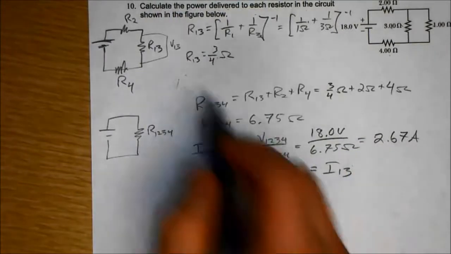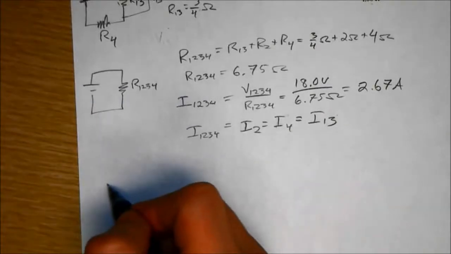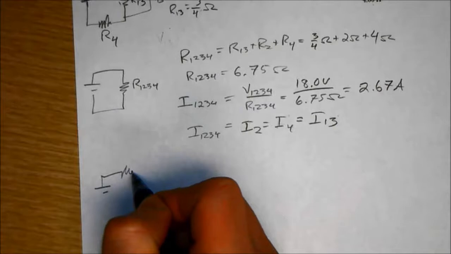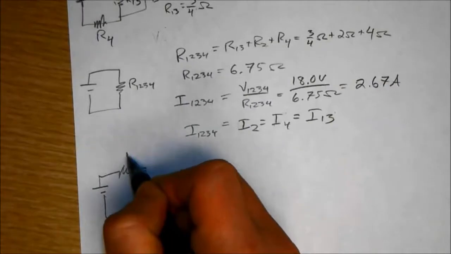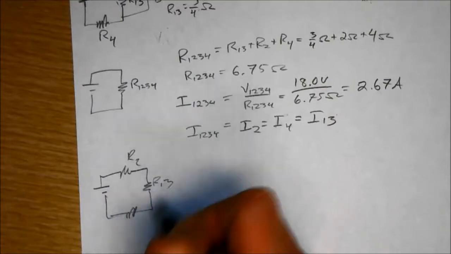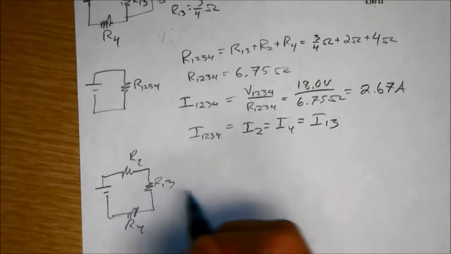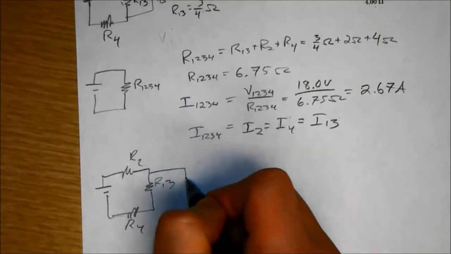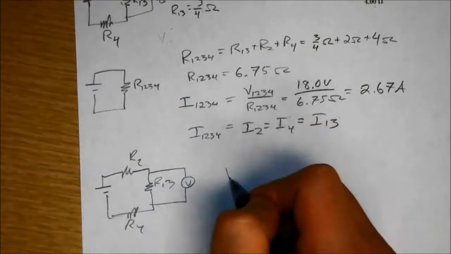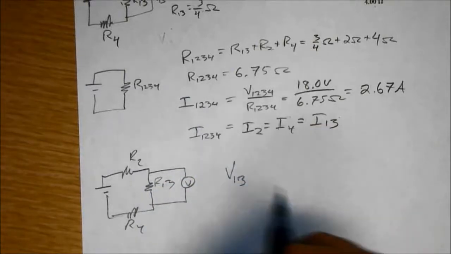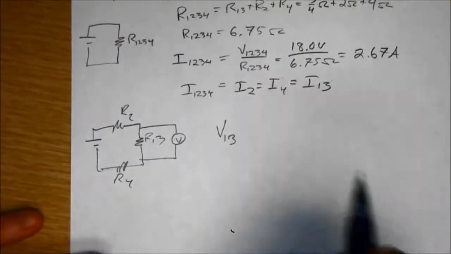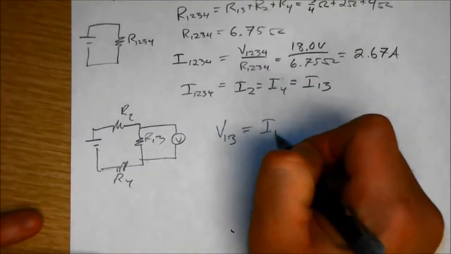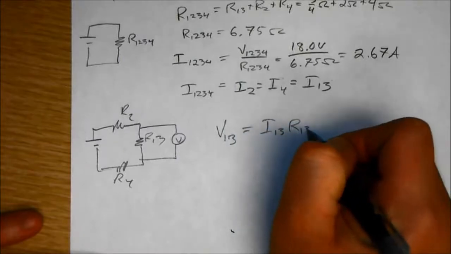So now I have the current through this circuit. If I go back and say R2, R13, and R4, the voltage drop, which I can now measure across resistors 1, 3, that's the equivalent resistor to these two in parallel, V13 is equal to I13 R13.